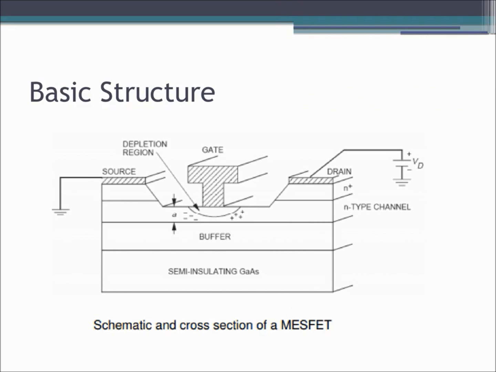The base material on which the transistor is fabricated is a GaAs substrate. A buffer layer is epitaxially grown over the GaAs substrate to isolate defects in the substrate from the transistor.